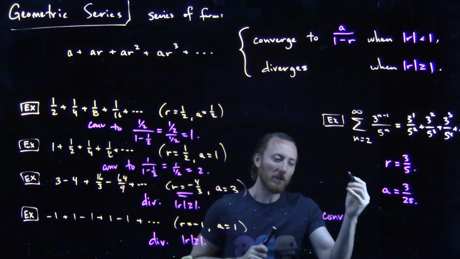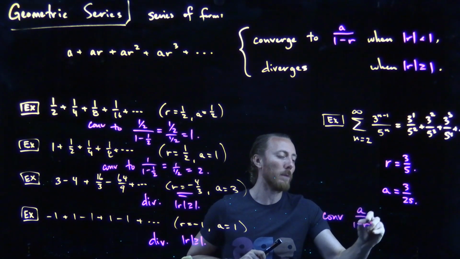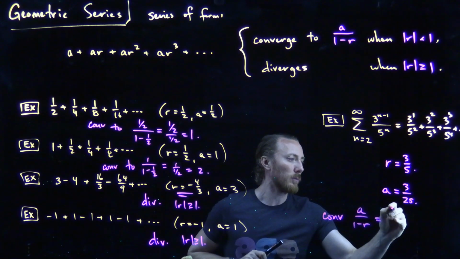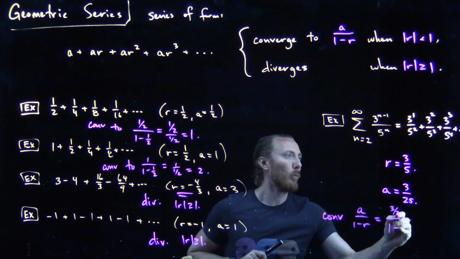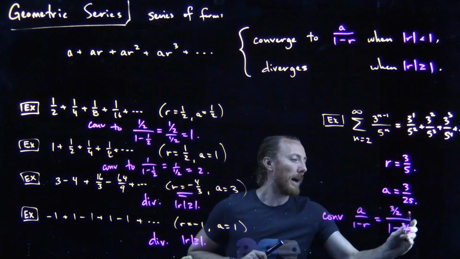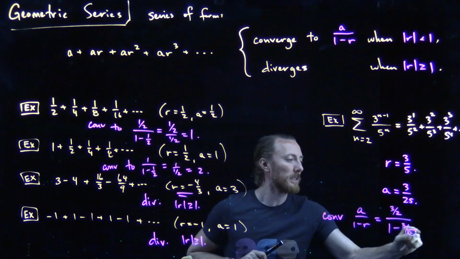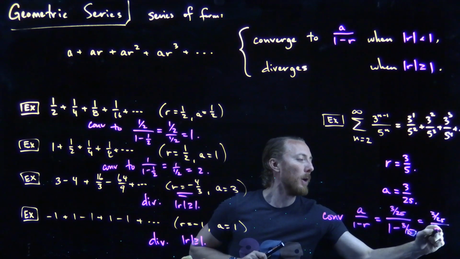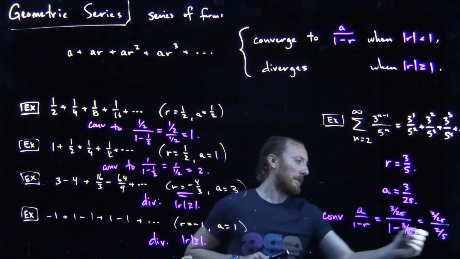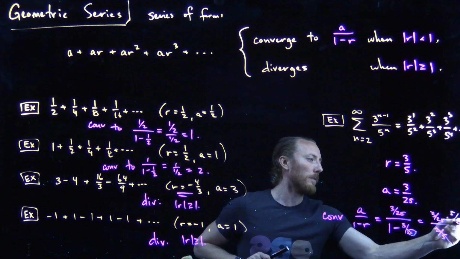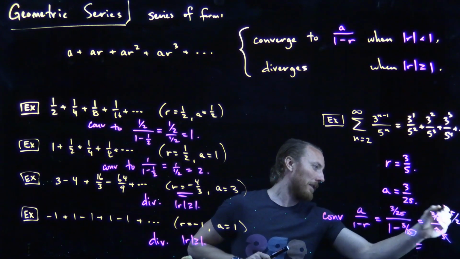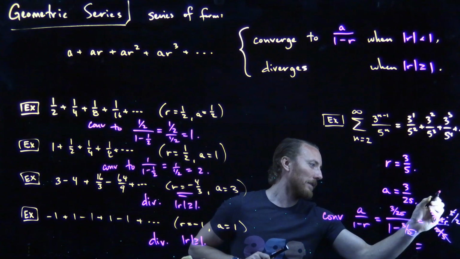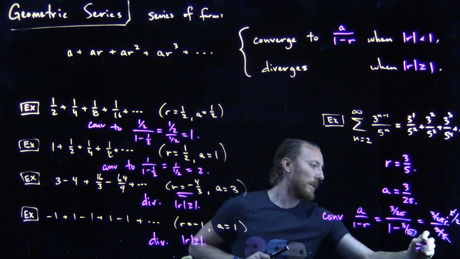And in fact, as we always do, we'll converge to a over 1 minus r, which in this case is 3/25 over 1 minus 3/5. But 1 minus 3/5 is just 2/5. So we have 3/25 over 2/5. Let's see, keep change flip there. We get 5 over 2. And put that all together, the 5 and the 25 would cancel. And then we just have 3/10.